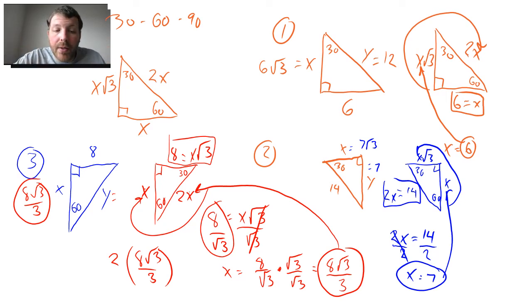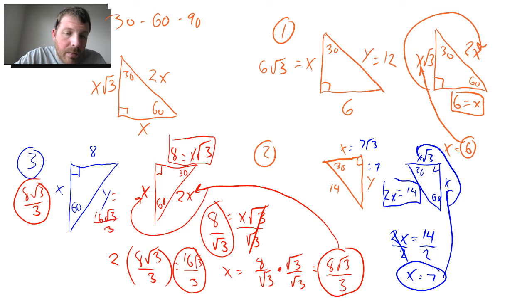Well, all you have to do is take 2 times whatever the number is on the outside of the root. So 2 times 8 is 16. So I get 16 square root of 3 over 3. And that's actually what y is. So y is going to be 16 square root of 3 over 3.